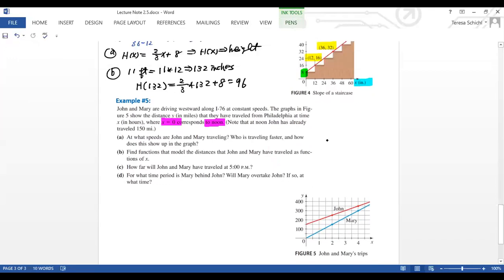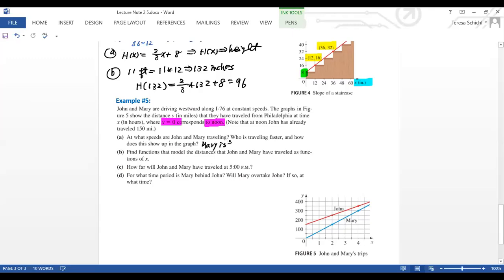Who travels faster, and how fast, in the graph here? Without calculating, we know Mary travels faster. So why?